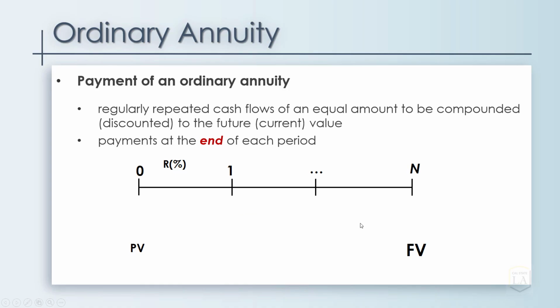If we are given the present value and future value, then we can also figure out how much equal payments would make this present value or future value possible. So that's another type of problem you should expect from this type of cash flow schedule.